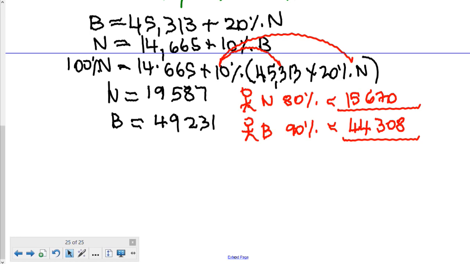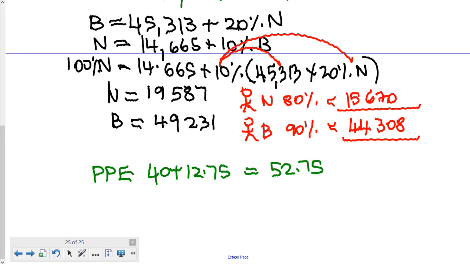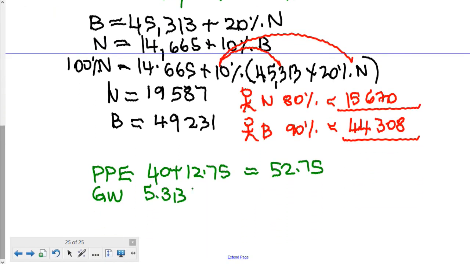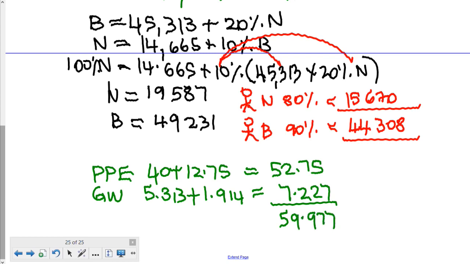So now if I do a little mini balance sheet, I've got PPE, 40 plus 12.75, 52.75. I have goodwill. What was my goodwill number? 53131914. What is that? Seven, 227. It gives me a total of 59,977.